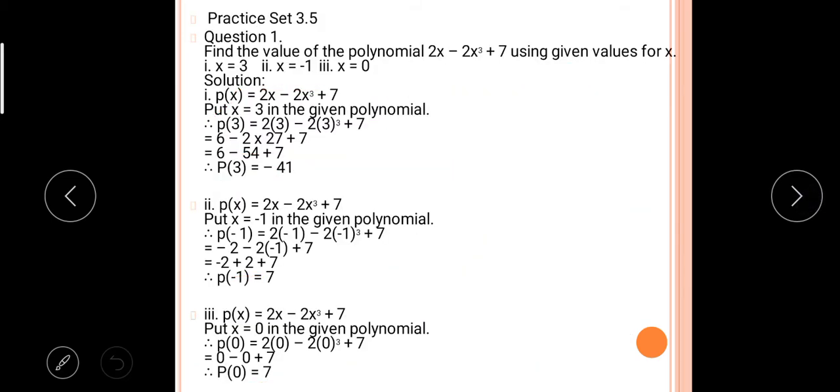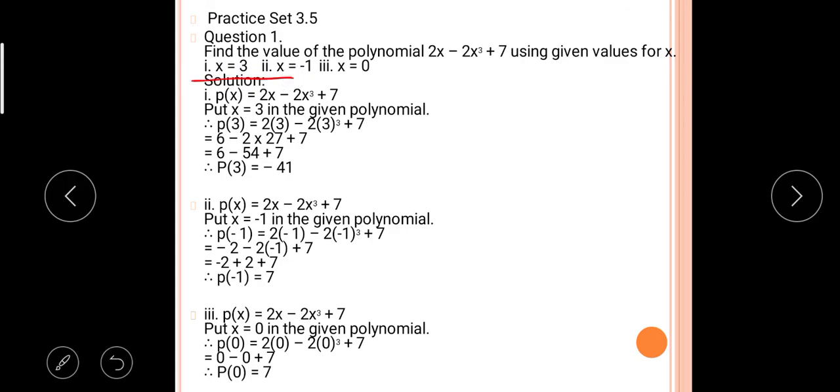Now let us solve practice set 3.5. Students, find the value of the polynomial 2x minus 2x cube plus 7 using the values of x. The x values given are 3, minus 1 and 0. So p of x is 2x minus 2x cube plus 7. Substitute x equal to 3.